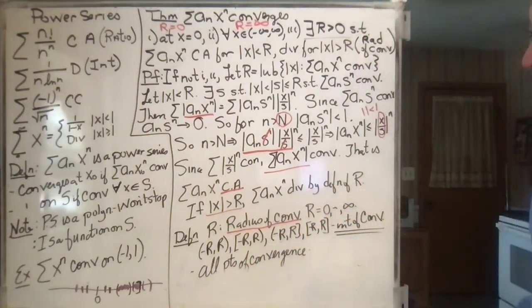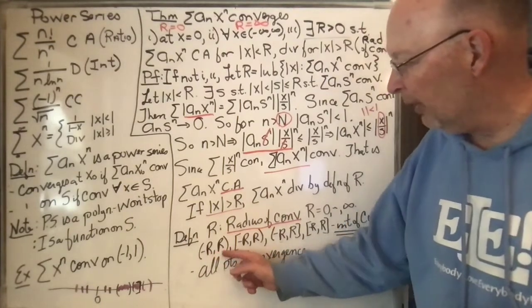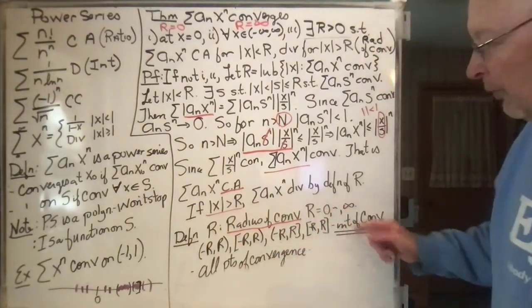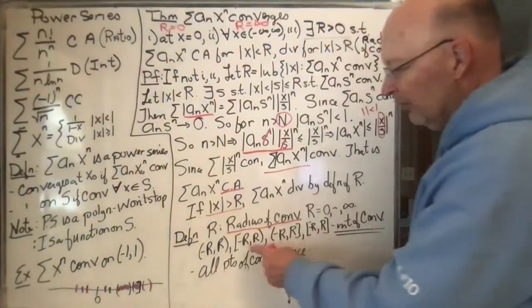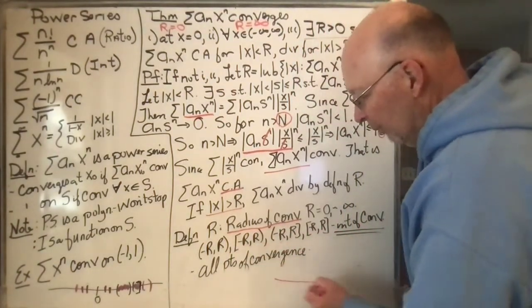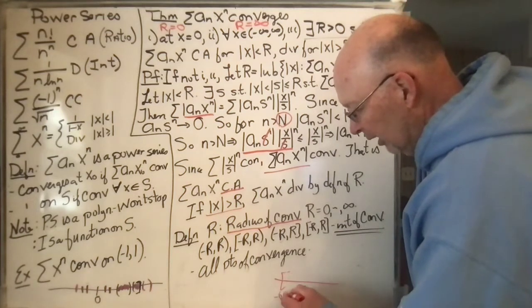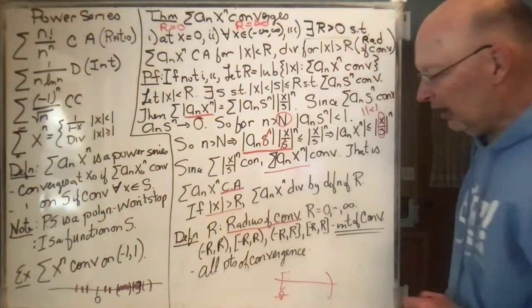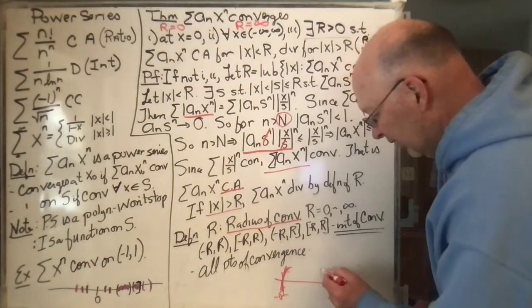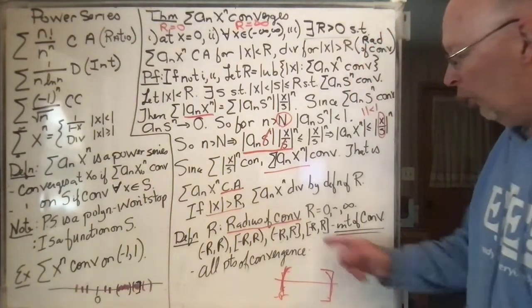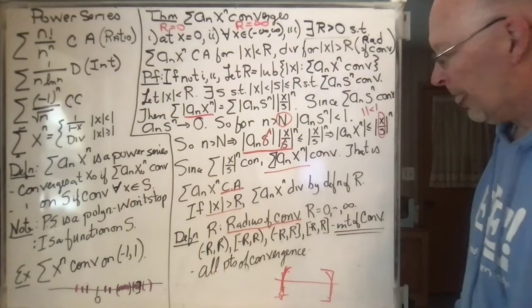It might be that it doesn't converge at either endpoint, so that the places where it converges is an open interval. It might be that it converges at the left hand, the negative endpoint, right here, negative R, but it does not converge at R. It could be the flip. Maybe it doesn't converge there, but it does converge there. Or maybe it converges at both of them. Okay?